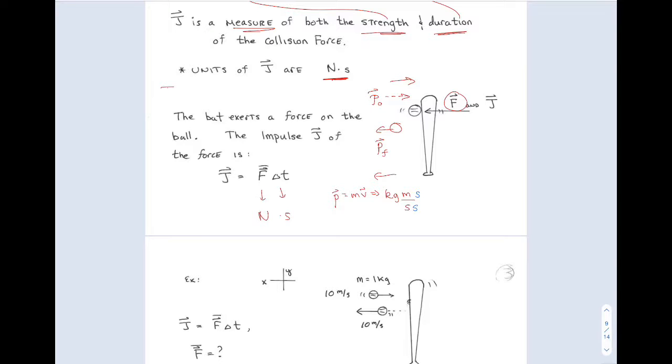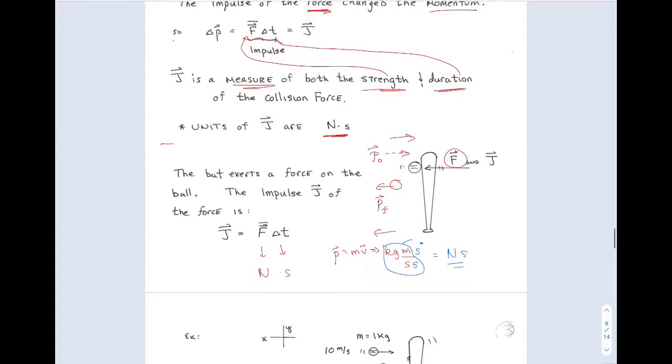I have a kilogram meter per second squared, so this thing in blue, that's a Newton. And right there, I still have an s. So the units of momentum, which is the red kilogram meter per second, is the same thing as a Newton second. So why use different units?